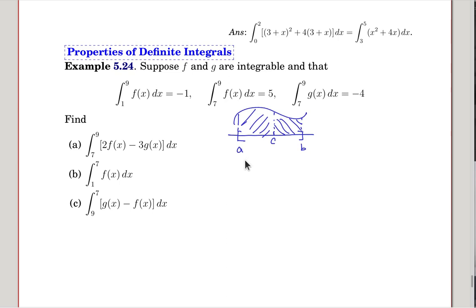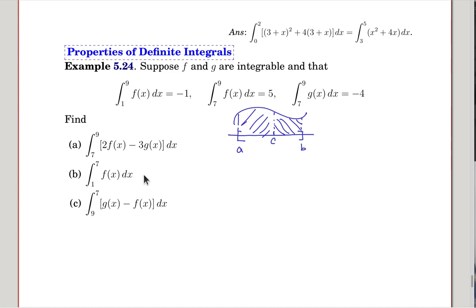Okay, let's try to solve this second one, and that is now for f. We have an interval from 1 to 9, and an interval from 7 to 9, but there's no 1 to 7 given.